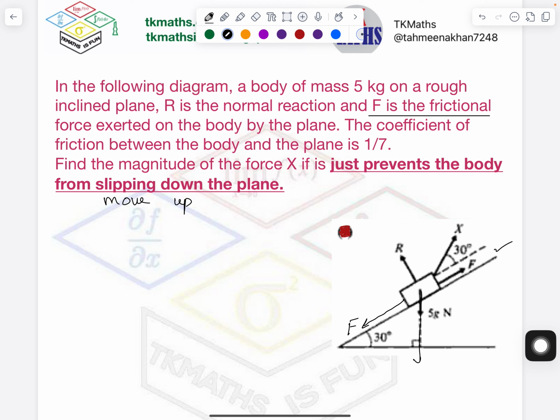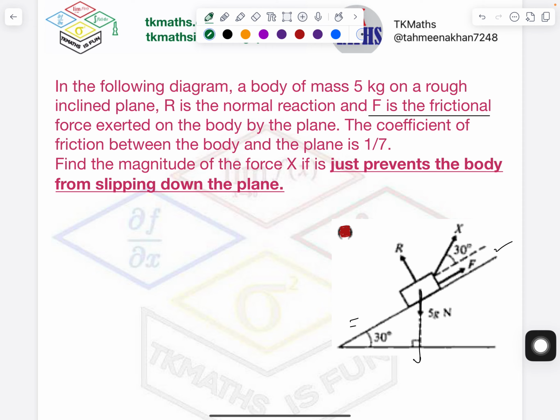You have to write down the direction of the forces yourself. So look at this. If the body is about to move up, then the frictional force is acting downward. If the body is about to slip down, the frictional force will act upward because it is in the opposite direction. Okay, so let's continue solving this question in which the body is about to slip down the plane.